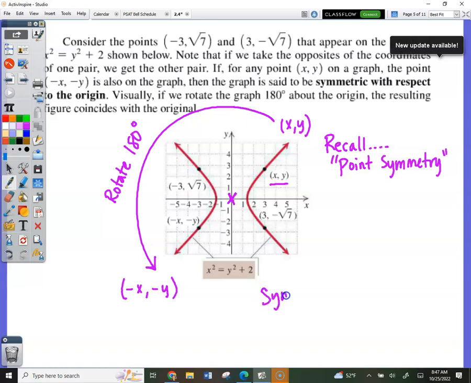It is symmetrical with respect to the origin. Symmetrical with respect to the origin, which means the only thing that stayed still was the origin as you spun the image.